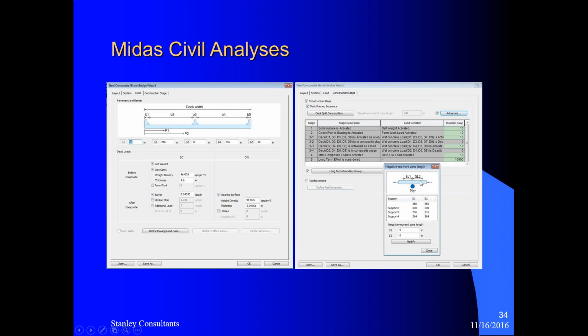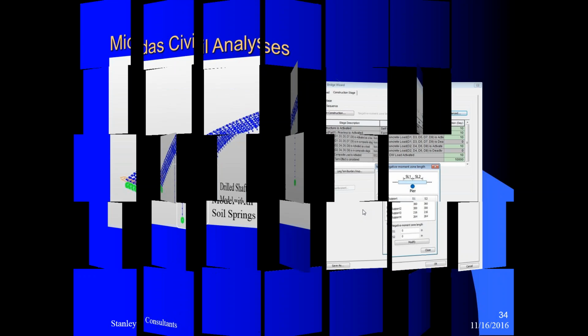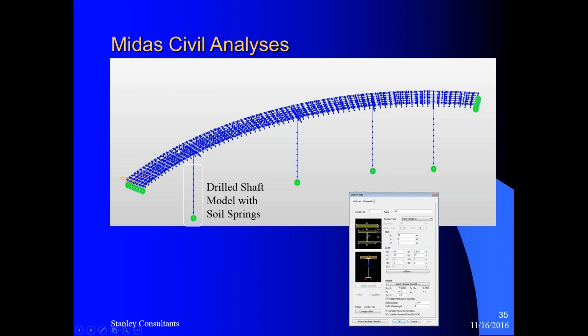Usually you want to pour the positive moment regions first and negative moment regions later. So using Midas, you can define the negative moment regions to be poured later at each pier. So it's a nice capability. And here's the Midas Civil model developed by Wizard.